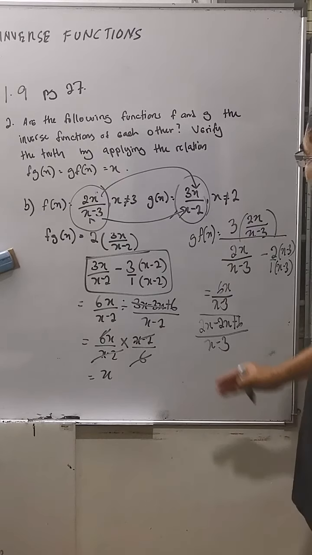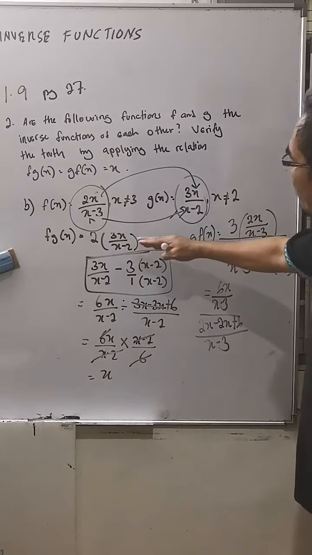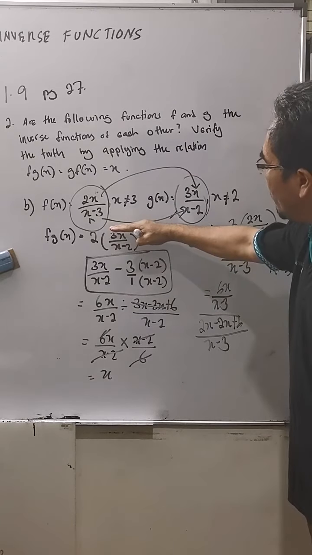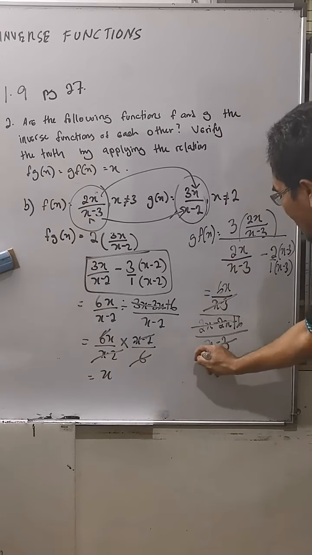So actually, for your info, we can cut. Let's say we have level 1, 2, 3, and 4. Level 2 with level 4, level 1 with level 3. Okay, so first I will write down 2x minus 2x will be 0, and then I can cut x minus 3 with x minus 3.